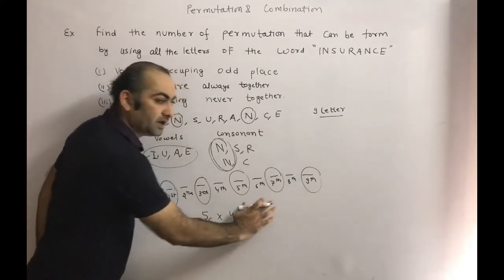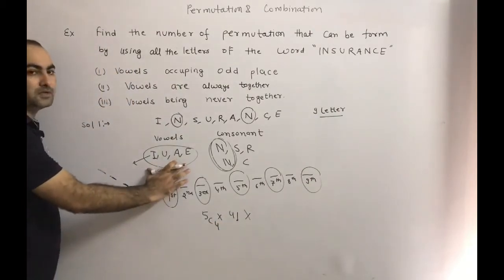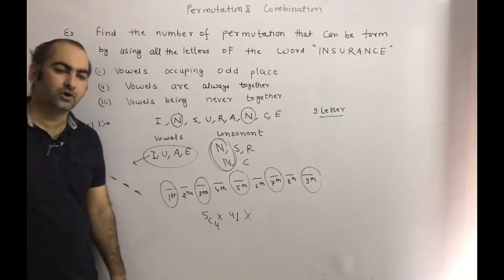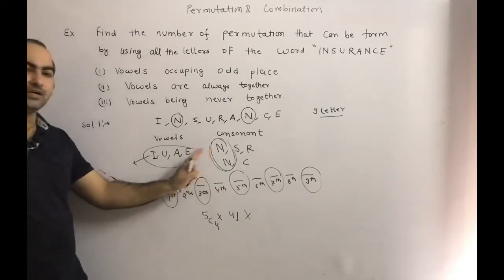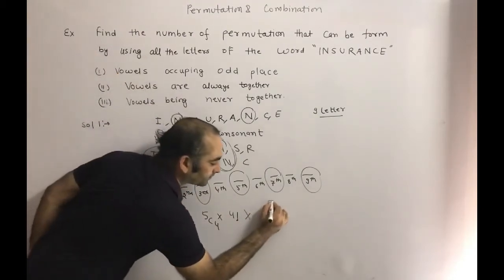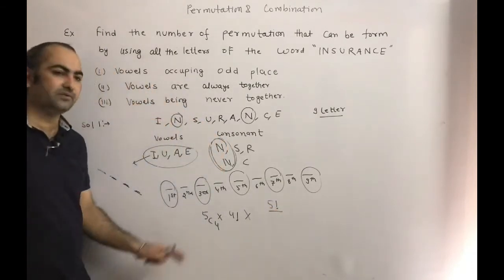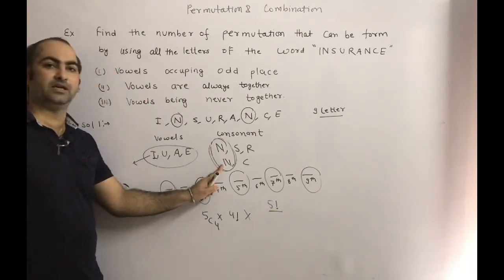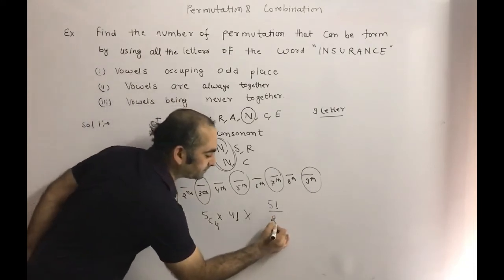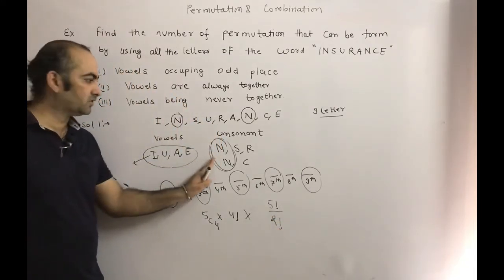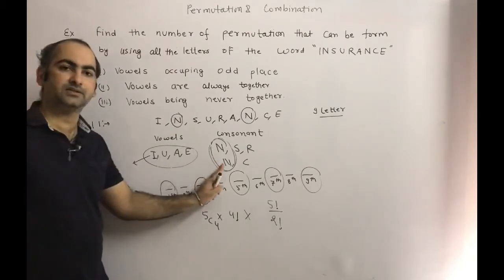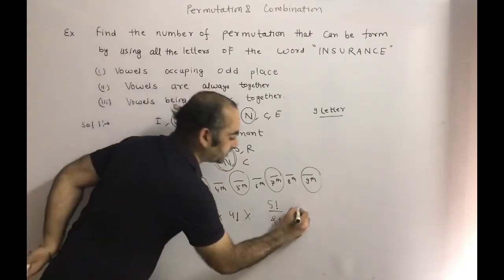Out of 9 places, at 4 places we arranged 4 vowels, so the remaining is 5 places, and you have to arrange 5 consonants. The arrangement of 5 consonants at 5 places is 5 factorial, but out of 5 consonants there are 2 N's that are similar, so we divide by 2 factorial. Now your task is over. First you arrange vowels, then you arrange consonants, so you have arranged all the 9 letters. That's why this is your answer.